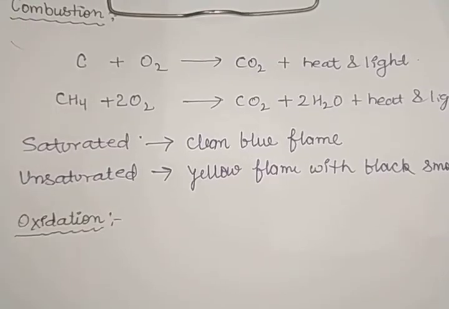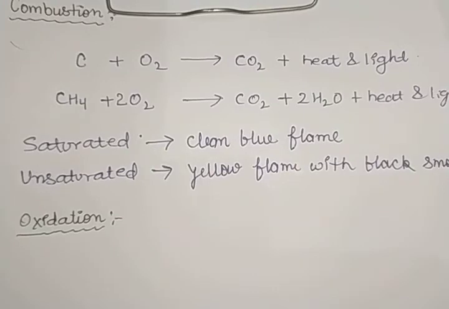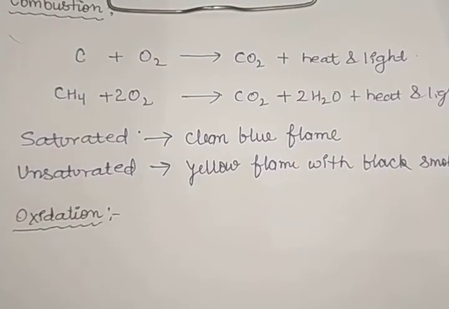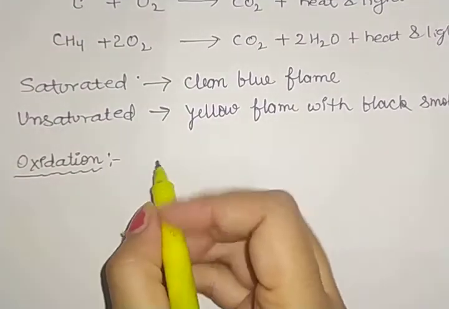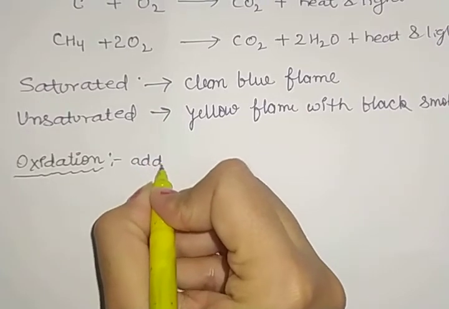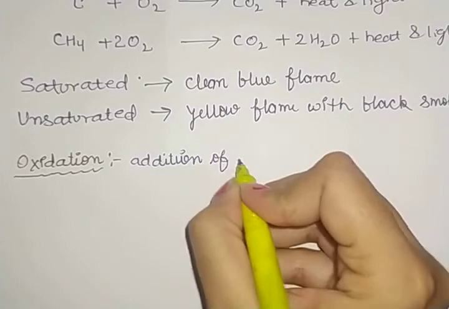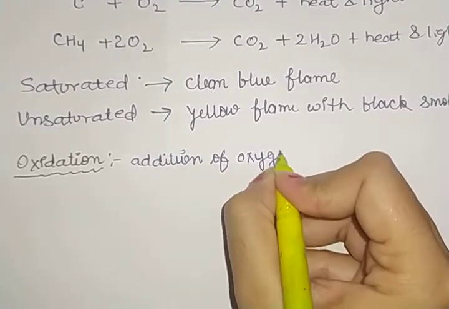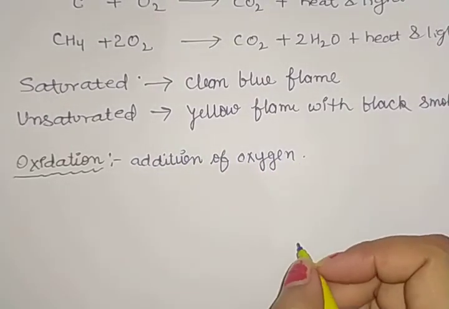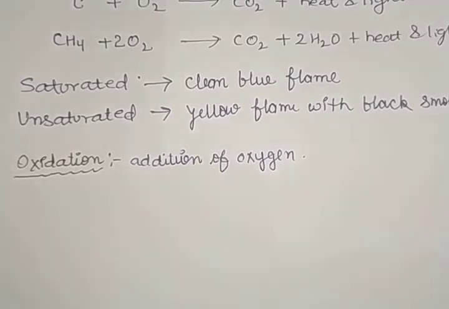Next point is oxidation. As we already discussed in the first chapter, what is oxidation? We simply said it is the addition of oxygen and removal of hydrogen. It is the same in this chapter.